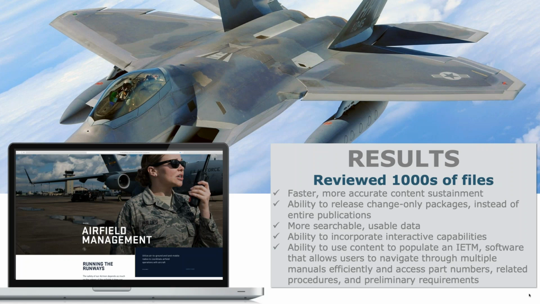Applying change packages becomes a lot easier, because you can use the same data module and publish it to different users according to applicability. Your data is more reachable and searchable because it's tagged in a more content-driven way.